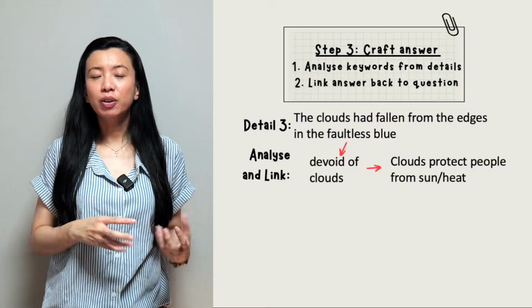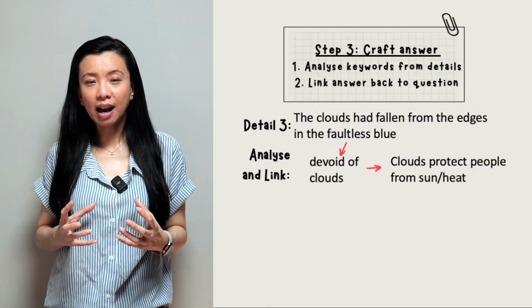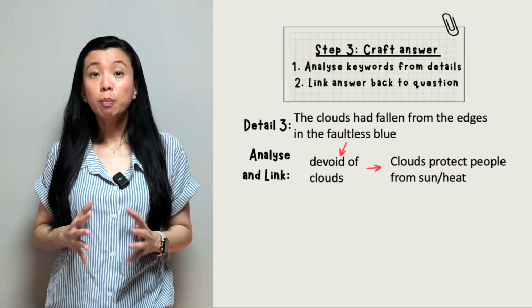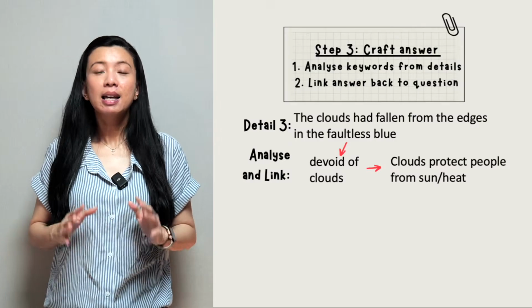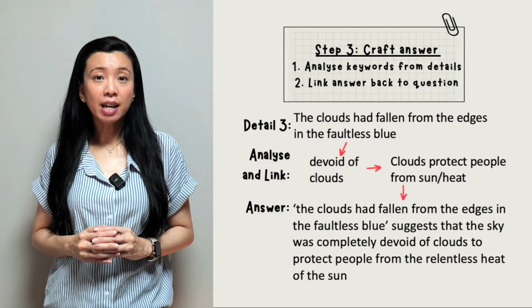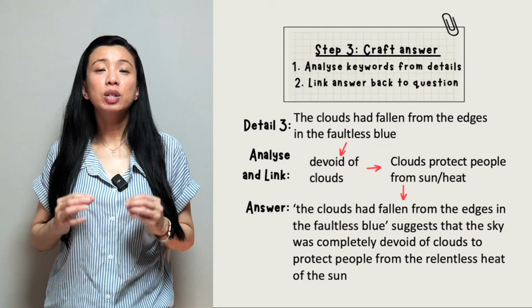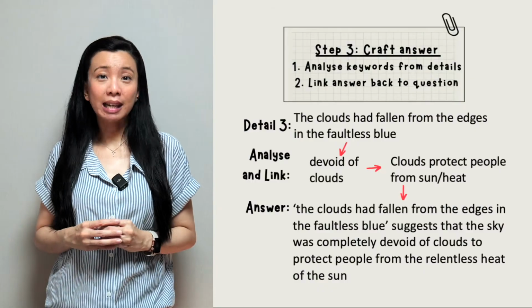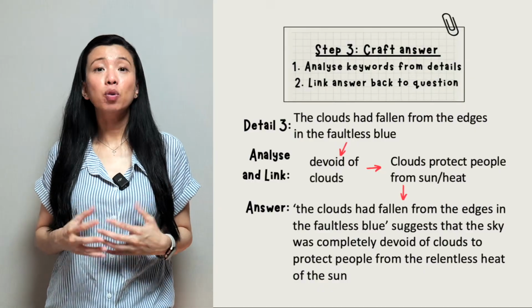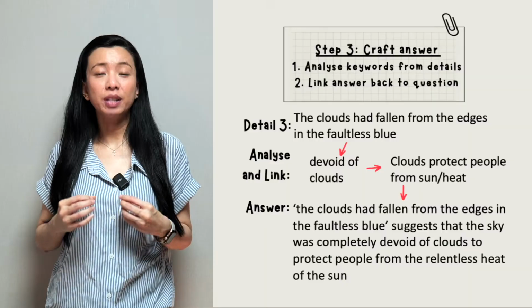So in this detail, it's saying that there are no clouds in the sky, so therefore there's nothing to protect people from the heat. So my answer would look something like this. The clouds had fallen from the edges in the faultless sky suggests that the sky was completely devoid of clouds to protect people from the relentless heat of the sun.